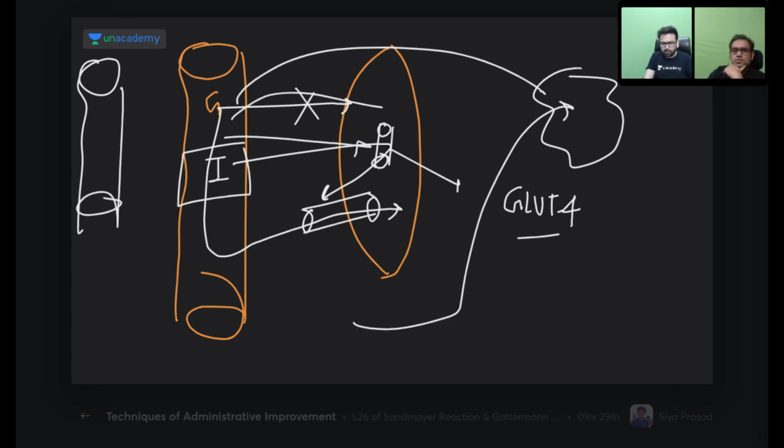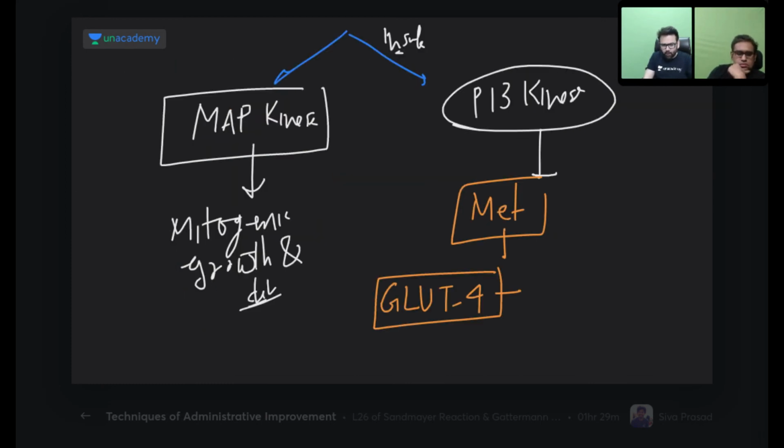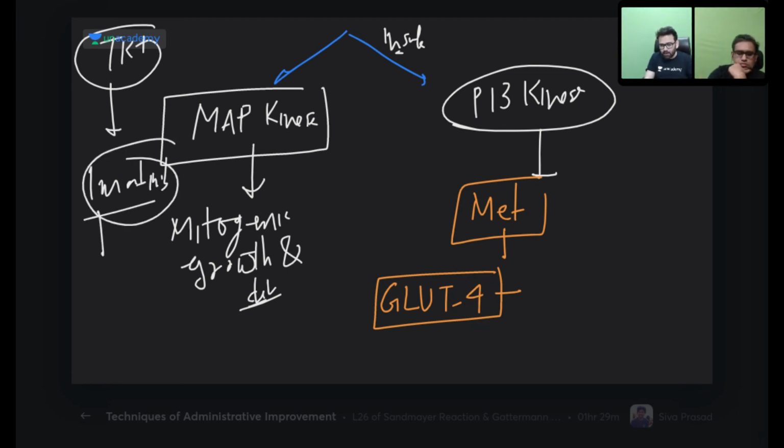Other is mitogenic action. That is why you might be knowing tyrosine kinase inhibitors like imatinib mesylate. If you remember the drug imatinib mesylate or dasatinib mesylate, these are given for what? These are given for CML because insulin is not only activating metabolic but mitogenic action also.